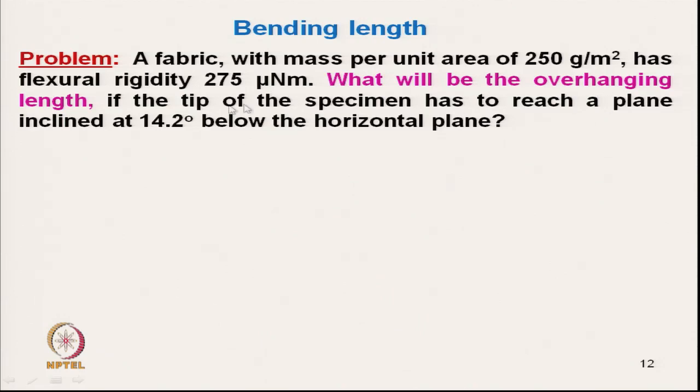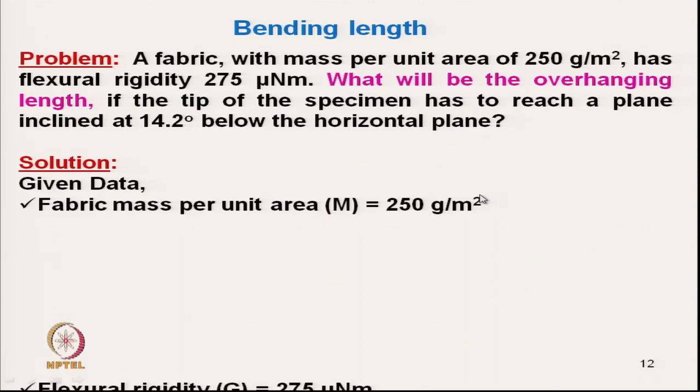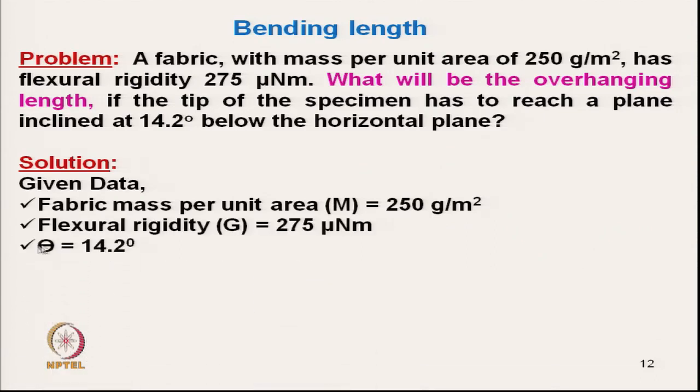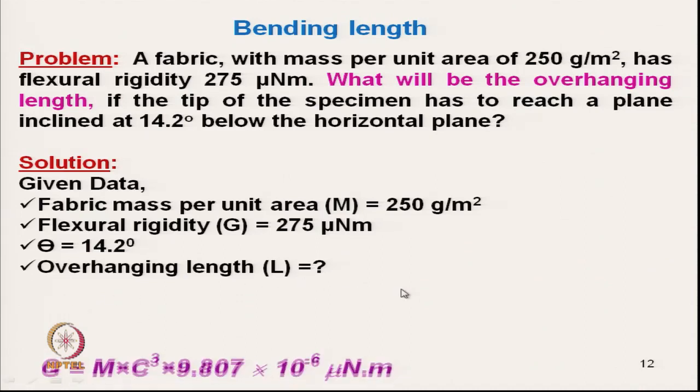What will be the overhanging length if the tip of the specimen has to reach a plane inclined at 14.2 degree below the horizontal plane? The treatment will be exactly the same as earlier. Here theta is known, and we have to get the overhanging length.